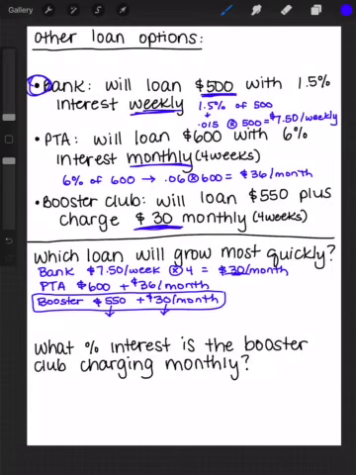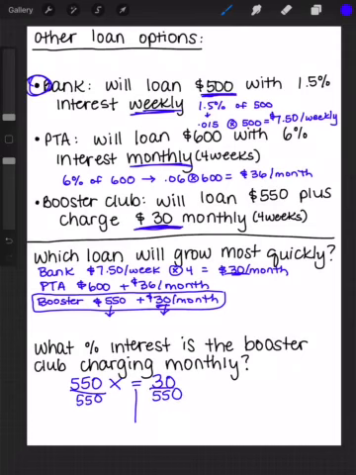So what percent interest is the Booster Club charging? That's the same as the last problem we did. We have a principal of 550 times the scale factor. We don't know what that is. That's our interest rate, equals our interest of $30, which they said, and I want to figure out what is my scale factor.